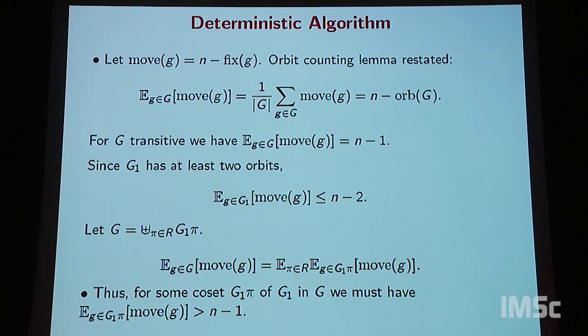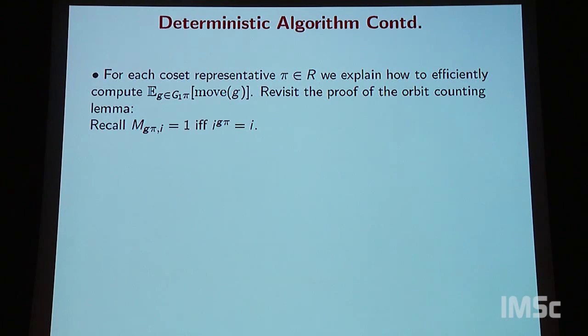So if I can find this coset where the expected value is more than n minus 1, and I repeatedly find subcosets of it, in the end I will find a single permutation which moves all the elements. Okay. This is called the method of conditional probabilities, which I'm going to use here.